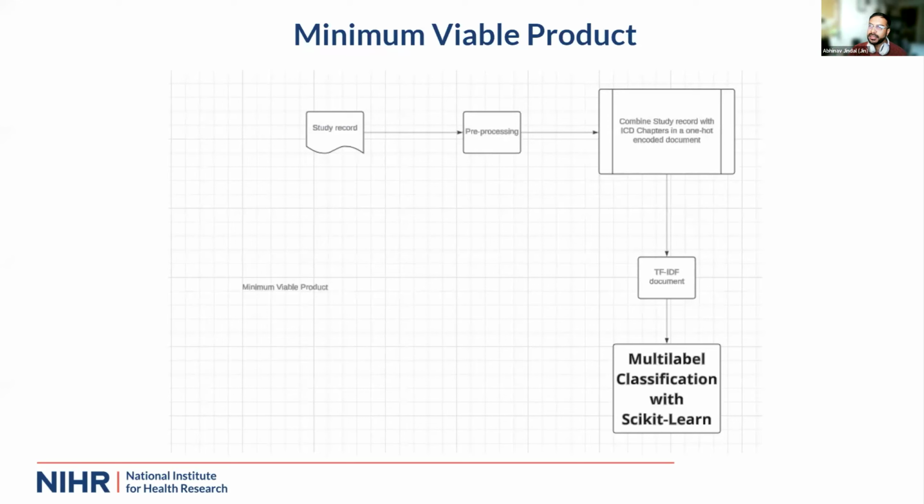Each study has a research summary, a study title, a short description, and inclusion and exclusion criteria, which gives you a good amount of information about the study. The only caveat is this is textual string information that we need to first convert into appropriate vectors for the machine to understand.